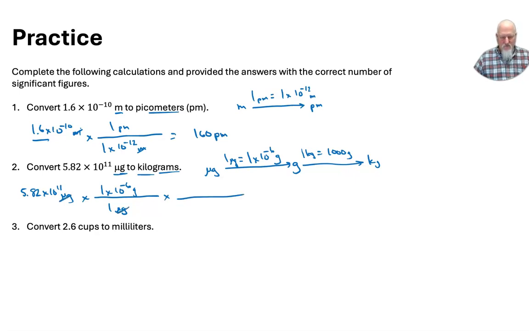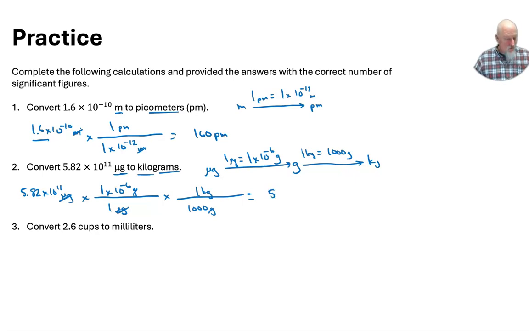I have grams, so 1,000 grams. The denominator, so the grams cancel, is 1 kilogram. Okay, the units cancel because I put them in the correct place. 5.82 to the 11th times 1e negative 6 divided by 1,000 because the 1,000's in the denominator.